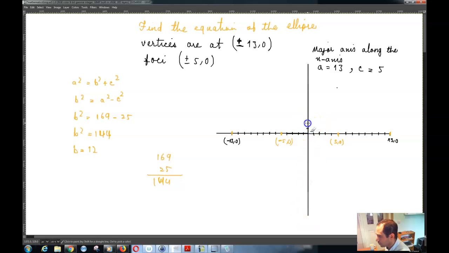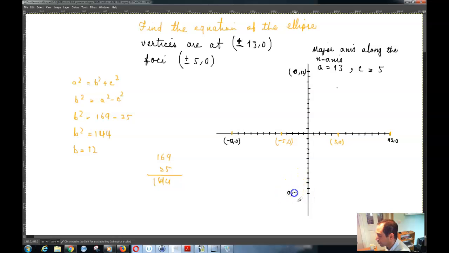So then you have 1, 2, 3, 4, 5, 6, 7, 8, 9, 10, 11, 12. So that's 12, basically 0, 12. And you have 1, 2, 3, 4, 5, 6, 7, 8, 9, 10, 11, and 12.